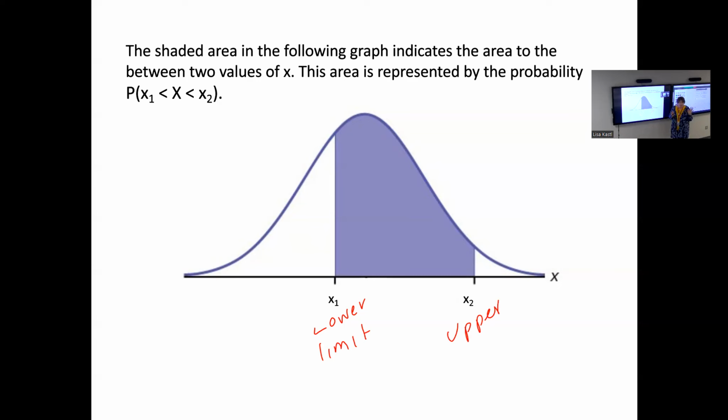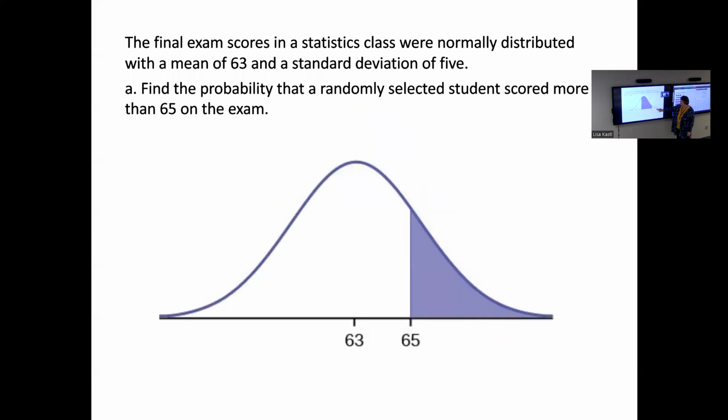Okay, nobody has a TI-83? We're all good? Okay. Because if you have a TI-83, you have to change your strategy. The TI-83 only finds areas to the left. That's all it finds. It's just like a table. It does not find the area in between any two X values. So you have to change your strategy a little bit if you have a TI-83.